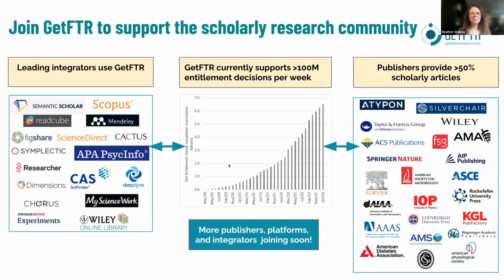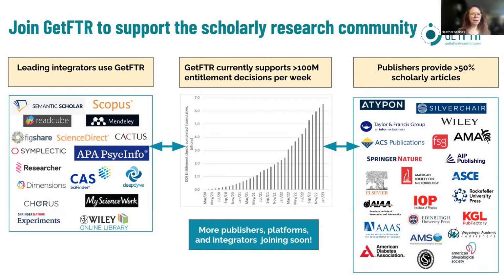Next slide. Just an update, and every time I show this, I say we're going to have to divide this into multiple slides because there's just so much going on. It's very exciting. The left-hand side here shows the leading integrators who are already using GetFTR. I mentioned Digital Science.